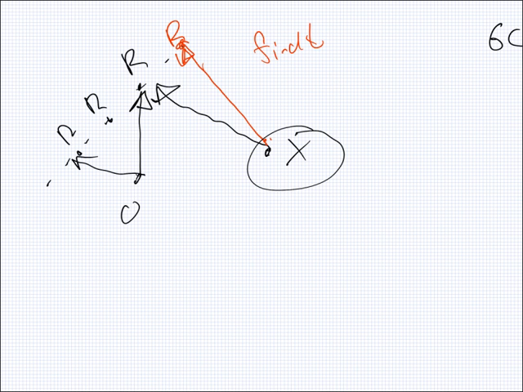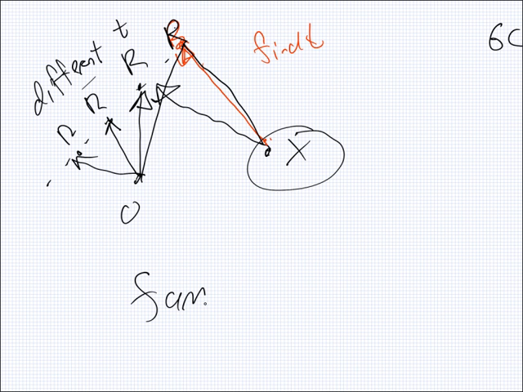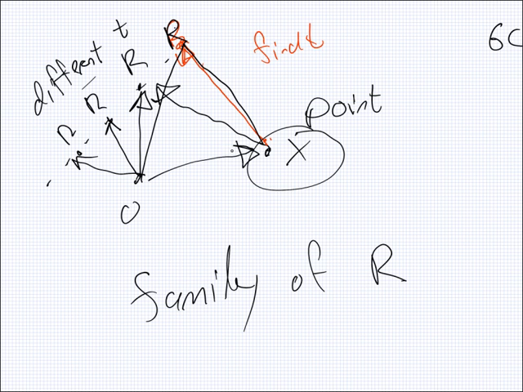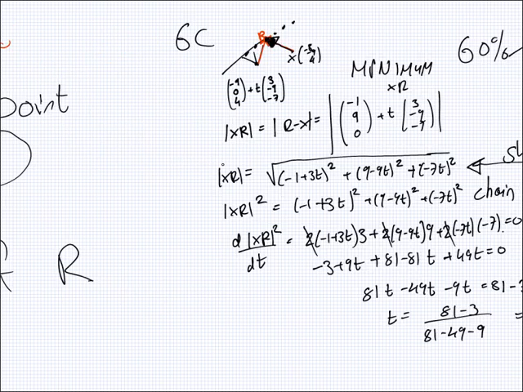Each OR has a different T. You want to find this OR that makes this vector perpendicular. They give you a family of OR, just like this. And this is the point X. I know this is difficult.